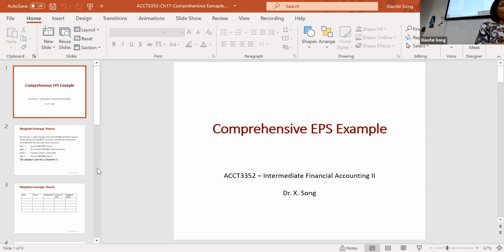For options and warrants, the only type we look at is the call option that's sold by the company, so we will use the treasury stock method. And we need to be concerned about potential anti-dilutive situations. So that's pretty much the whole situation we need to deal with.